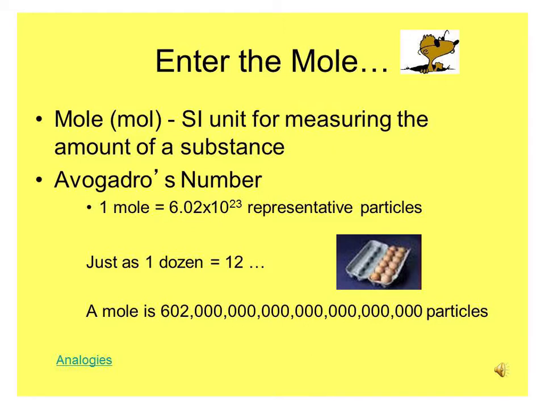Now let's think back to the atomic structure unit, right? 1 atom of carbon and 1 atom of aluminum are going to weigh differently because we have more protons and neutrons in the aluminum atom than we do in the carbon atom, right? 1 carbon atom weighs approximately 12 atomic mass units, whereas 1 aluminum atom weighs approximately 27 atomic mass units.